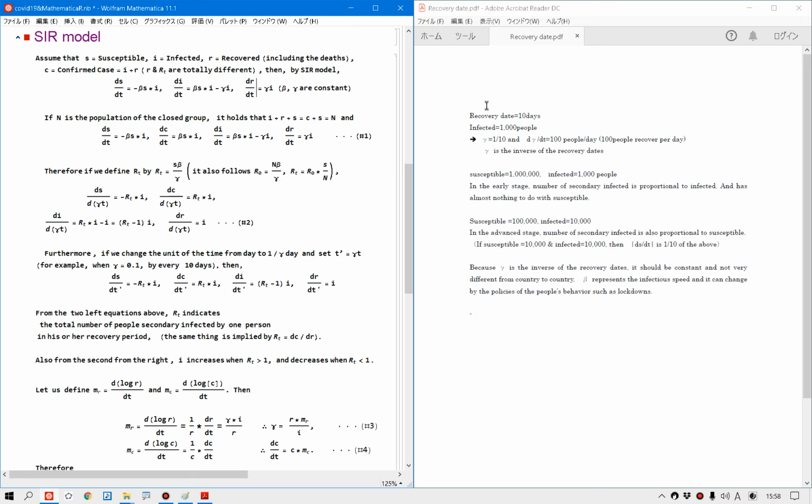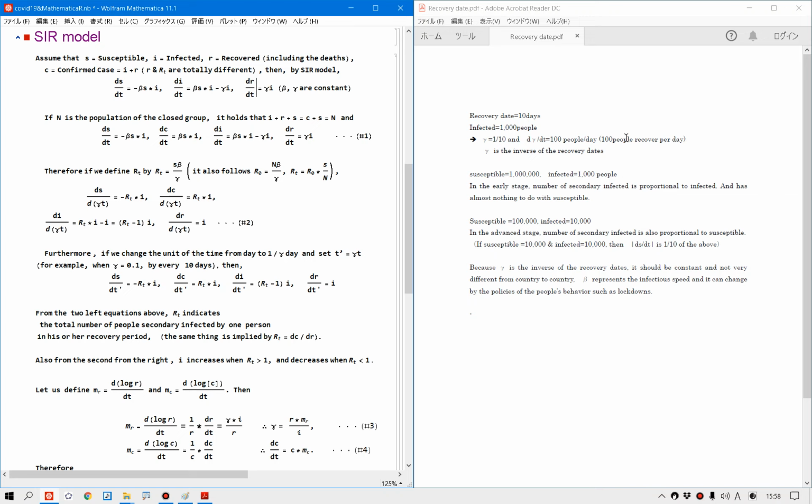For example, if the recovery period is 10 days, infected is 1000, gamma equals 1/10, the inverse of the recovery period. And dR/dt equals 1000 times 1/10 equals 100 people per day, which means 100 people recover per day. So instead of thinking 1000 people recover almost simultaneously in 10 days, here we think that 100 people recover per day.